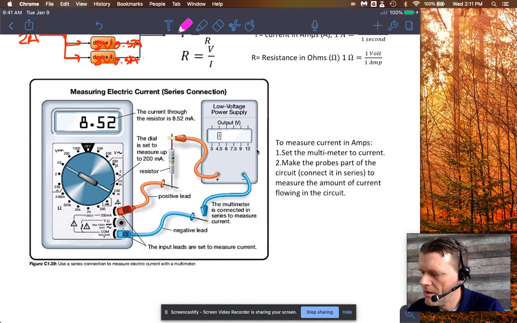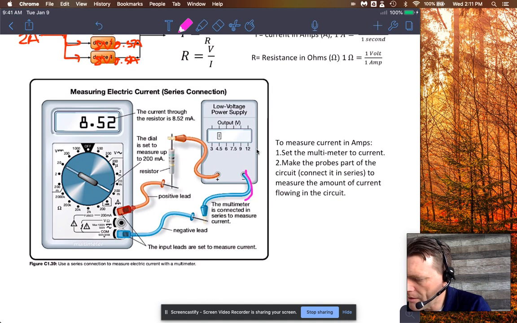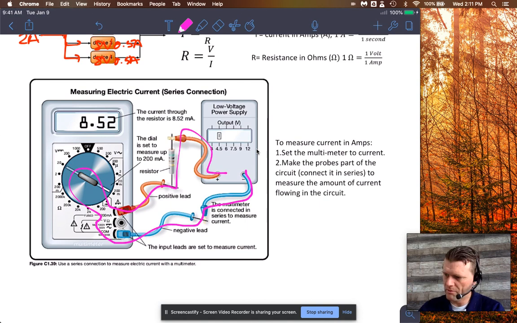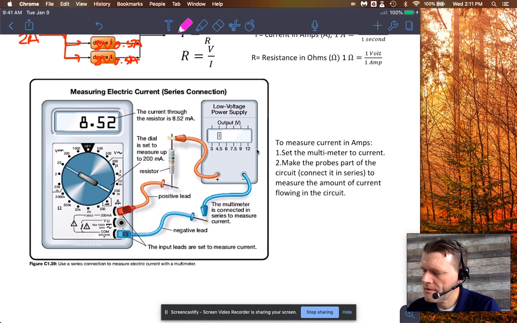You have negative and positive, so the power is coming out of the negative terminal, will go into the multimeter, and then to the positive terminal in that direction. Here we're measuring the amount of current in amps, and it looks like it's 8.52 milliamps. Yes, it's going through a resistor. If you've never seen these before, we'll see one in just a minute.